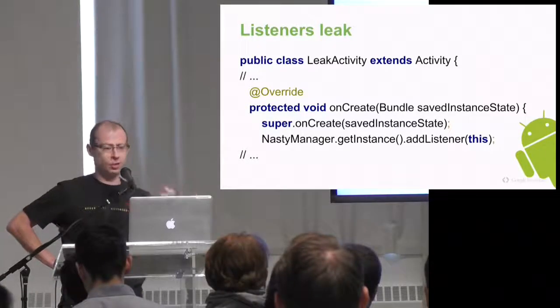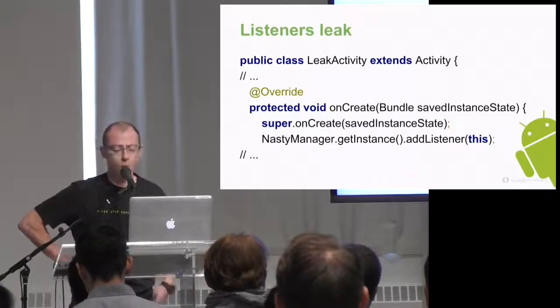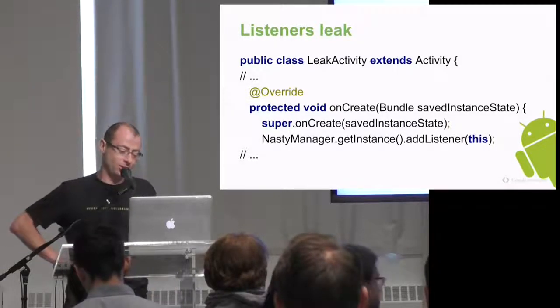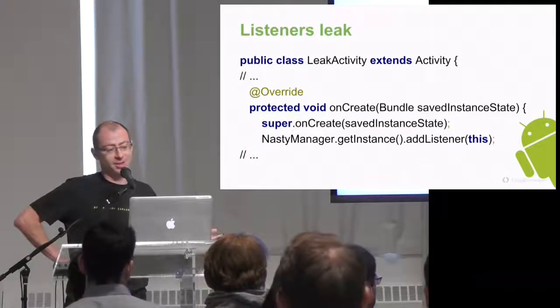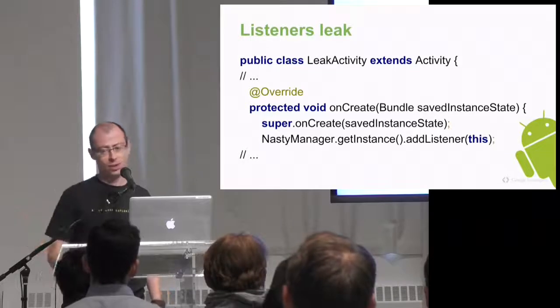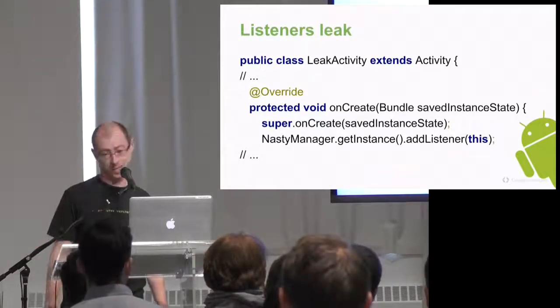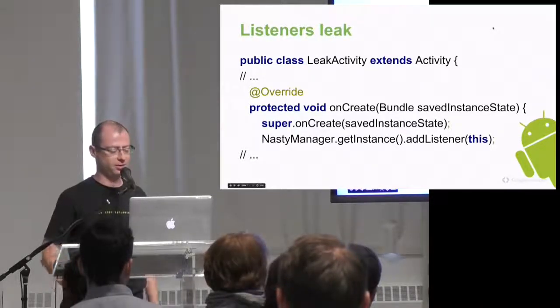If you want to see more details, there is a blog post that I posted on Android Developers maybe 3-4 weeks ago. What happens is the nasty manager holds our activity. So the activity might not be presented, but it will be in memory. And this is a really, really bad idea. Let me show you in a second how to fix it. Pretty easy.